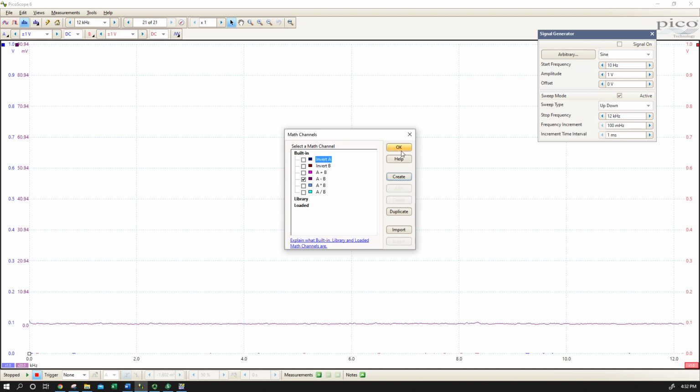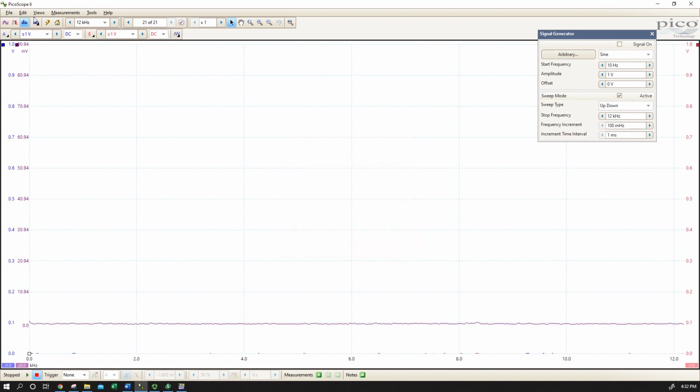Obviously, if I went out to huge frequencies where the voltage drop over the inductor was most of what I'm applying, we would see a big difference. But by using this difference, I'm able to show the difference that we're seeing with frequencies without having to sweep over a huge frequency range. Okay, so let's walk through the setup.